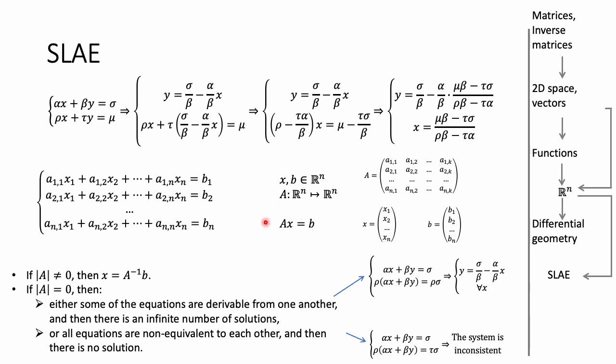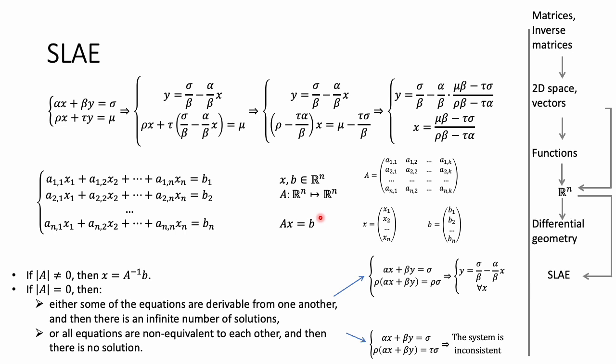And the equation is just the product of the matrix A and the vector X equals the vector B. Here the product of the matrix and the vector is understood in the same manner as the product of the matrix and a matrix that consists of just one column and n rows, and B has the same shape.